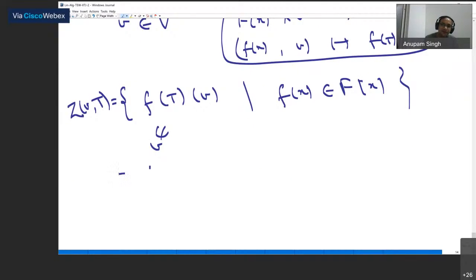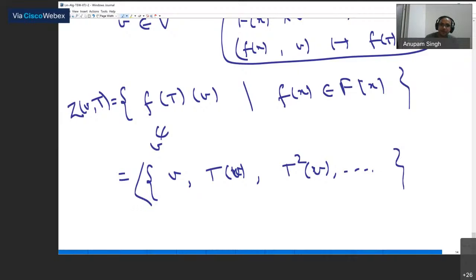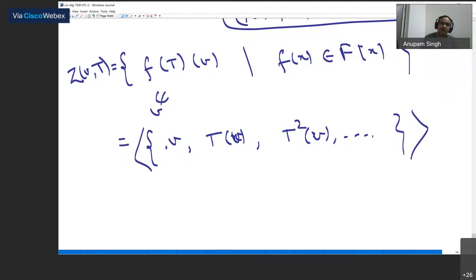You can also see that this set can be thought of as spanned by v, Tv, T squared v, and so on. If I take all these powers, I can think of the subspace spanned by them. But we know that there cannot be infinitely many such independent things because our vector space is finite dimensional. This is, after all, a subset of V. If I want to write a basis for this subspace, whatever the subspace is, it has to be finite.